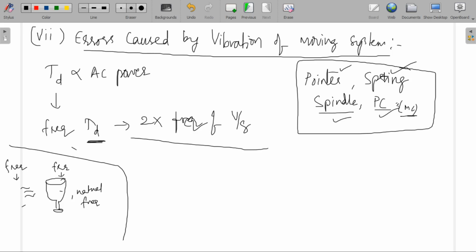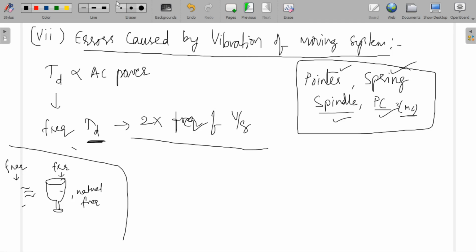That vibration with more amplitude disturbs the position of the pointer. So I should avoid this vibration of the moving system.